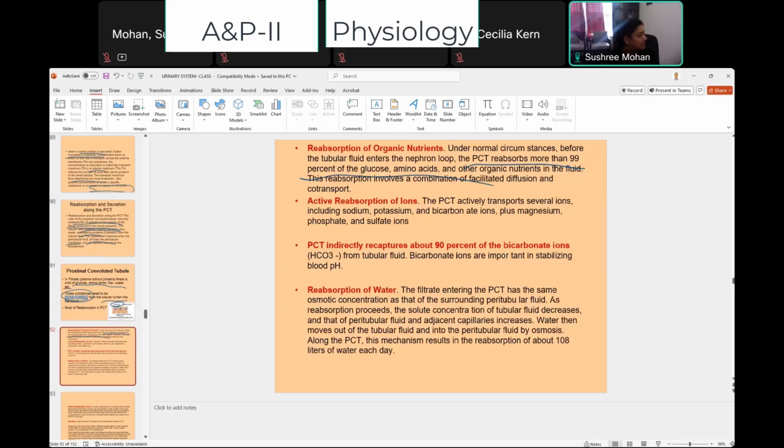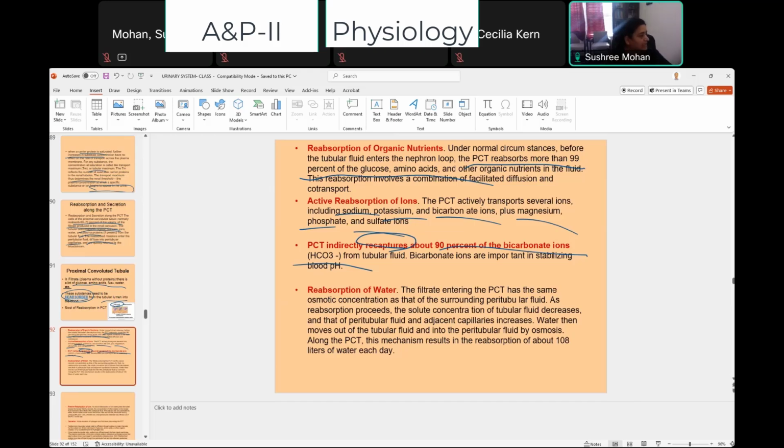Active reabsorption of ions: it absorbs sodium, potassium, bicarbonate, magnesium, phosphate, and sulfate, all sent back into the system. It also recaptures around 90% of bicarbonate. Bicarbonate ions act as a good buffer, and the body needs it to neutralize the acids and the bases. That is why we can't let go of bicarbonate ions. They are also reclaimed, reabsorbed back.